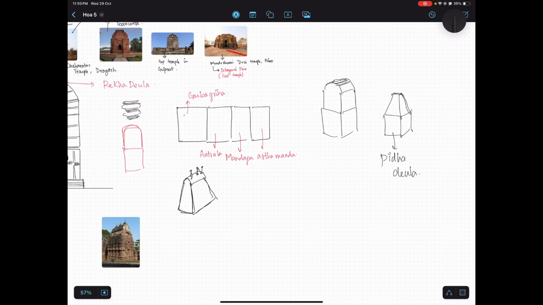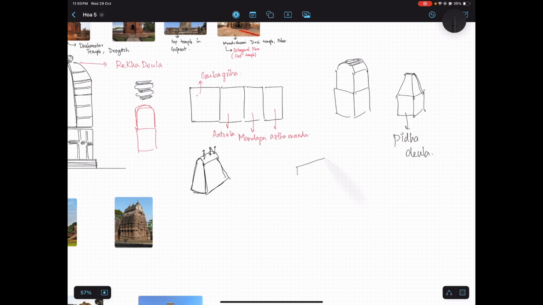If it has a rectilinear plan and the shikhara kind of looks like the Dravidian style, with a truncated pyramid, then this is called Khakhara Deula.